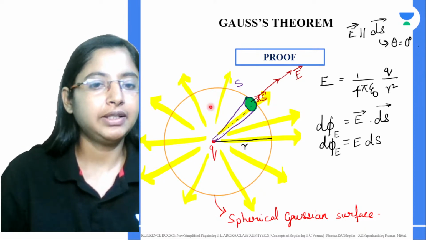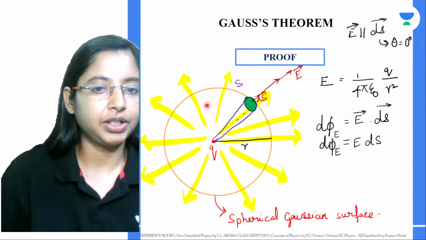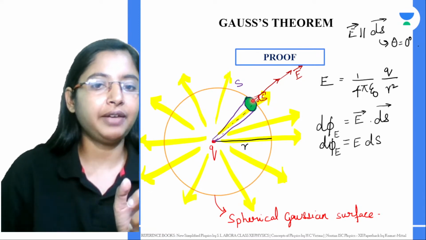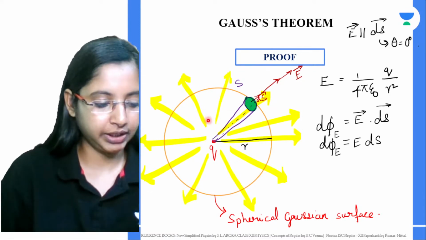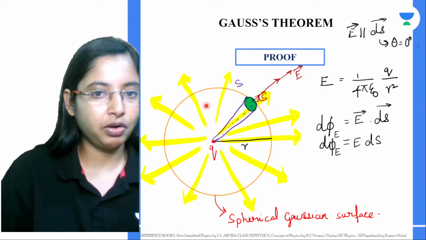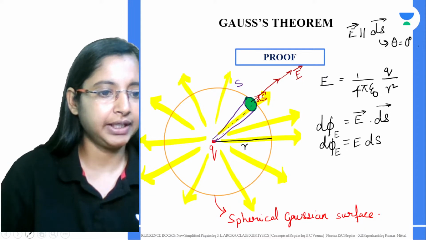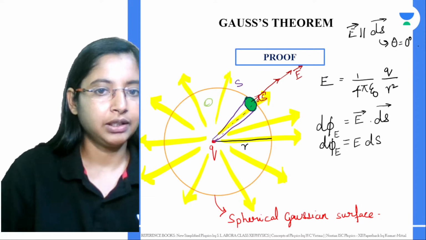At the same time, if I take another surface over here, similar to this area, say again 2 mm, then if 5 field lines are flowing in this plane, this area also will have 5 field lines flowing through it, right? So again, if I take another 2 mm area, 5 field lines will go through it.